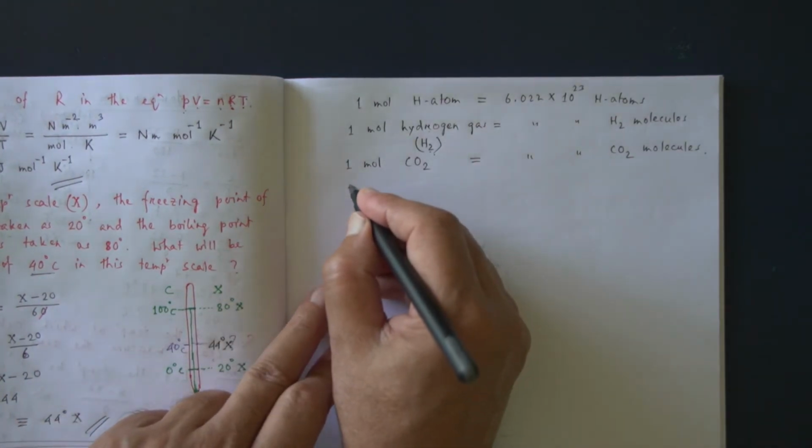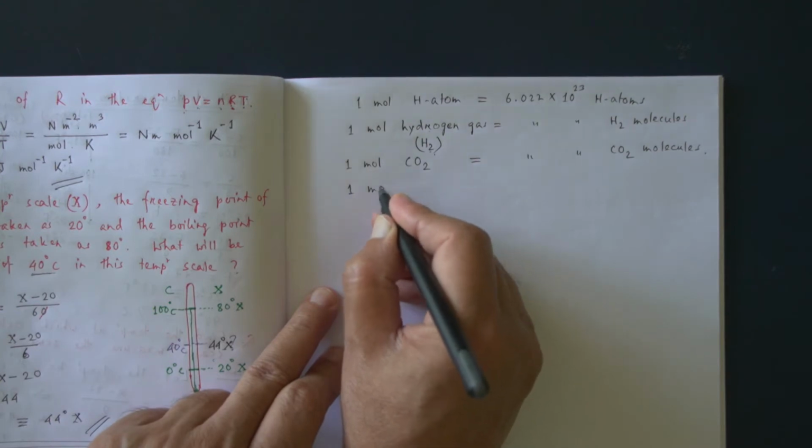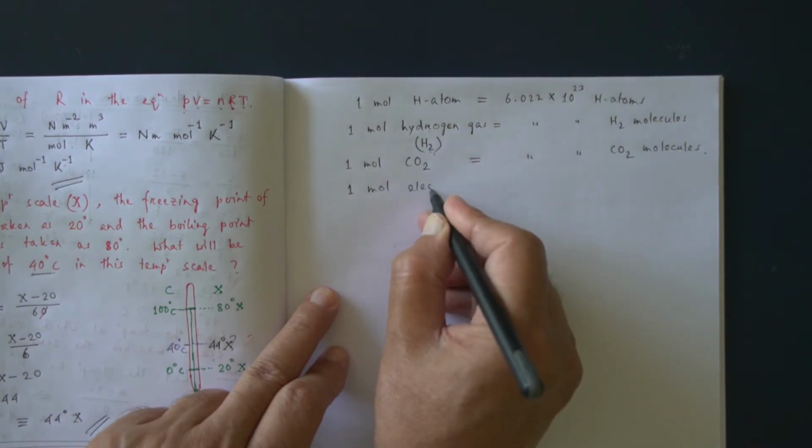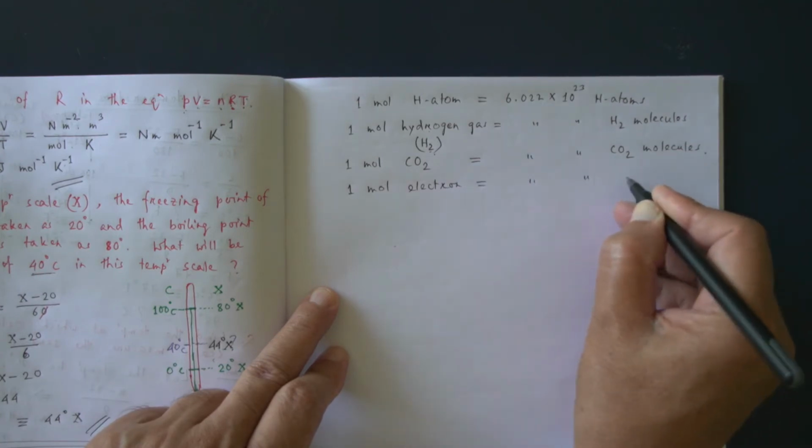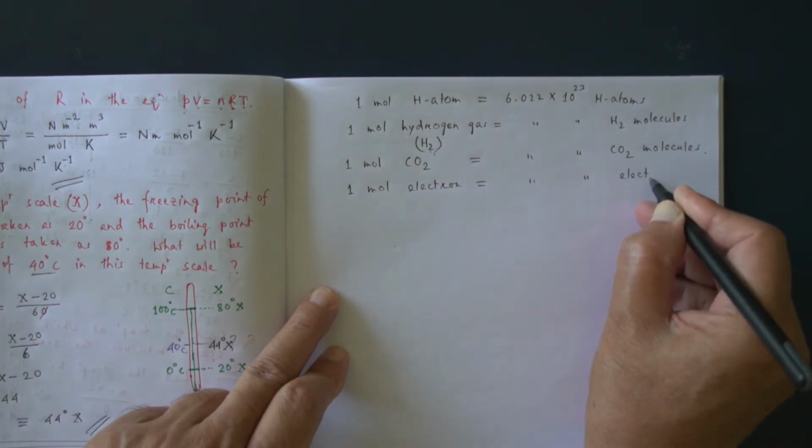Or say one mole electron, equal to this much electrons, and so on.